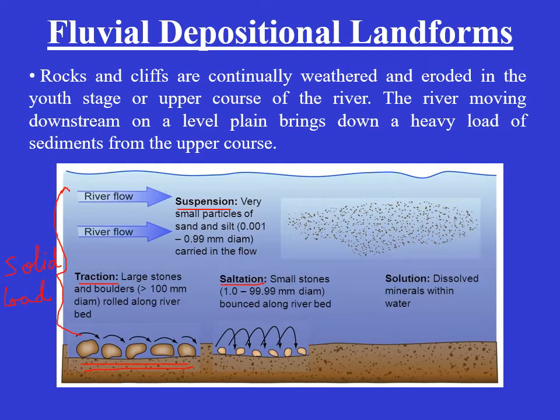At higher energy condition, the river can carry all these size particles. Whenever the energy drops a little bit, the river is not able to carry the large size particles, so they drop them to the surface. That means they are deposited.